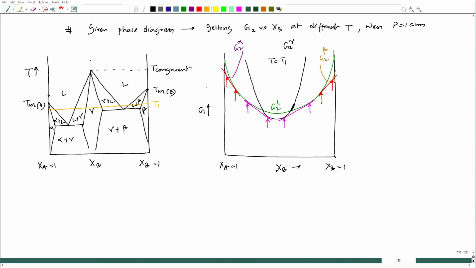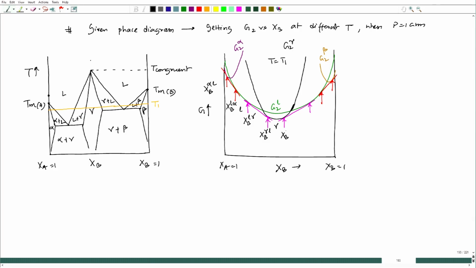This composition is X_B alpha in equilibrium with liquid. This is X_B liquid in equilibrium with alpha. Then in between we have the liquid phase. Then we have X_B of liquid in equilibrium with gamma. Then we have X_B gamma in equilibrium with liquid. In between we have the gamma phase.